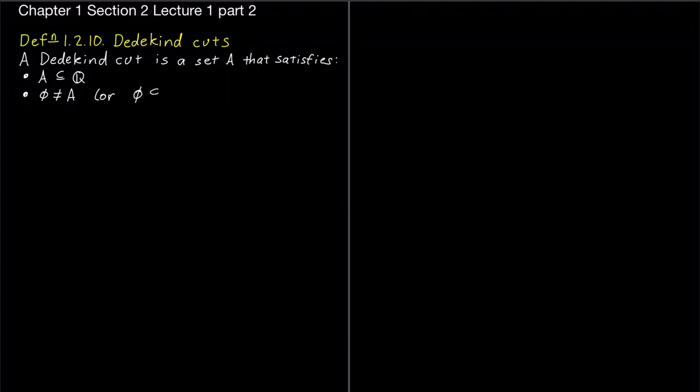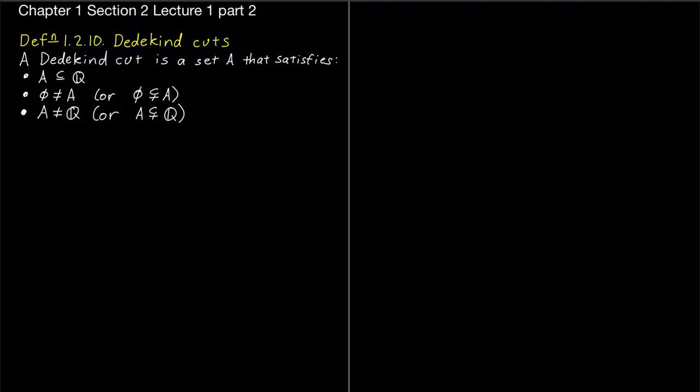You can write that as the empty set is a proper subset of A. It's a subset of everything. We also don't want A to equal the rational numbers. That means A, which we said was a subset of the rationals, we're going to insist is a proper subset.